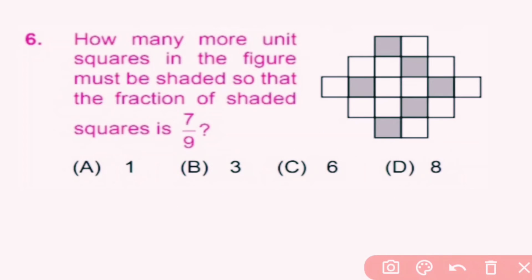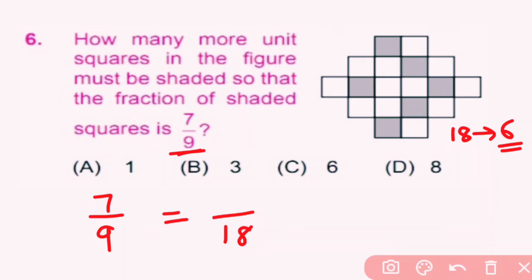Question number 6. How many more unit squares in the figure must be shaded so that the fraction of shaded squares is 7 by 9? So in the given figure here the total number of squares is 18 and out of 18, 6 squares are shaded. So to make the shaded fraction equal to 7 by 9, we take the total number of shaded squares as x.